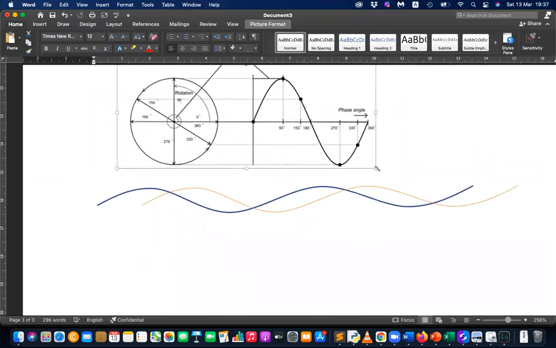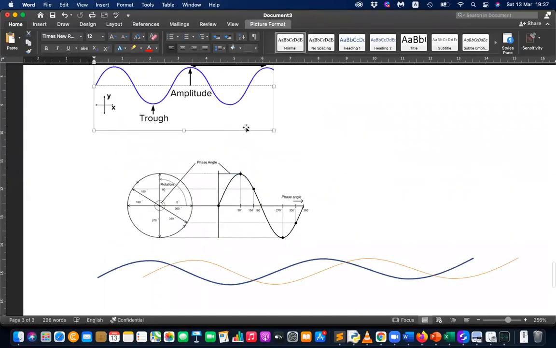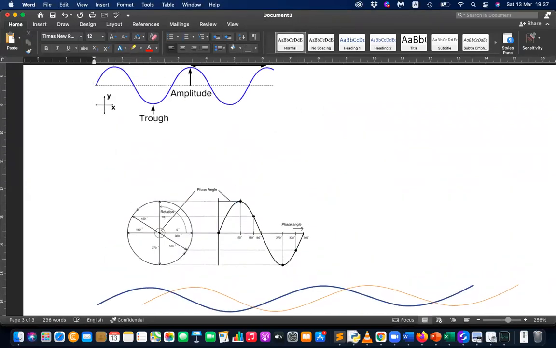Phase, or the angle of the signal, is measured relatively. Phase is the relative angle when comparing two or more signals. So that is my text.